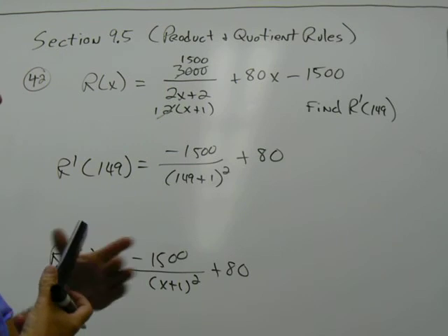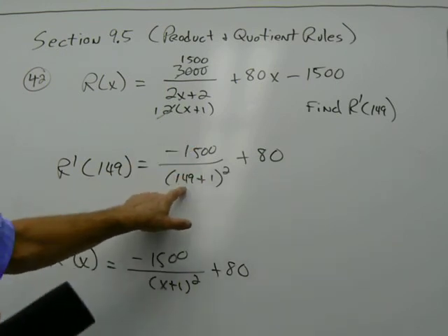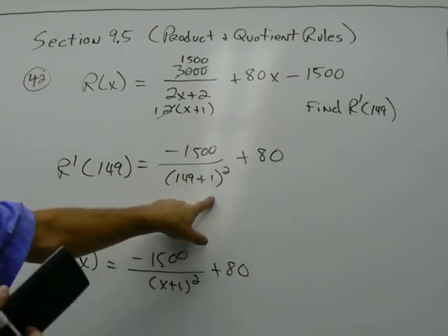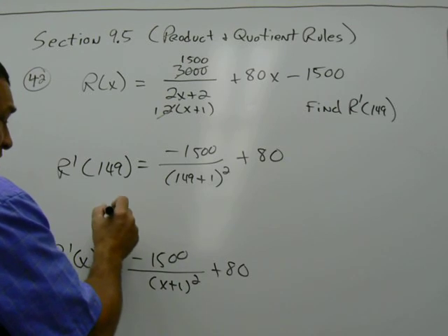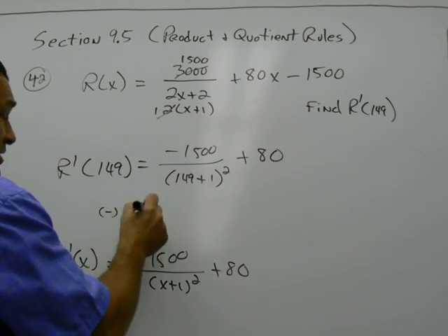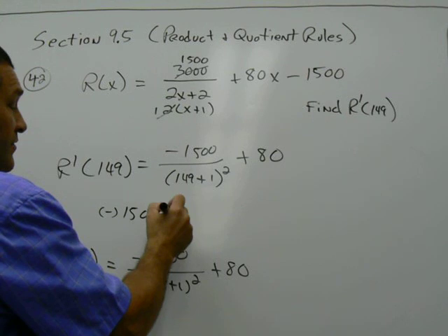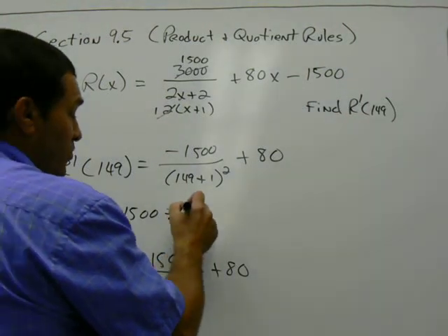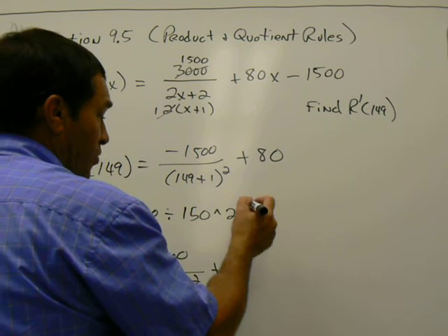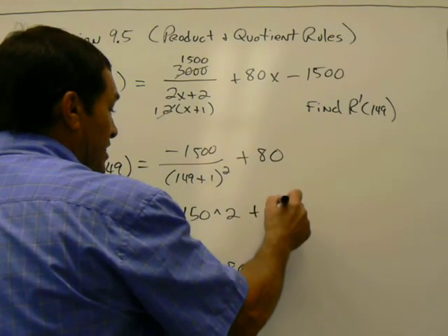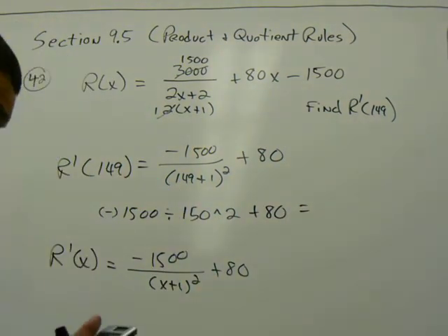What I would do is add the 149 and the 1 first to get 150. And then key in, on your calculator, negative 1,500 divided by 150 raised to the second, or hit your x squared key, plus 80, equals.